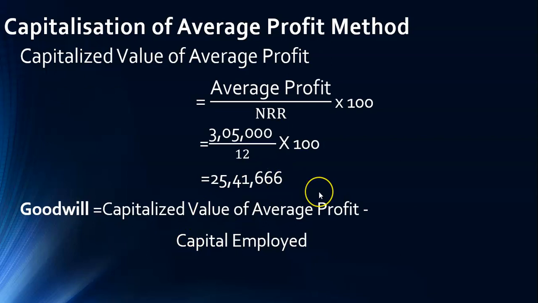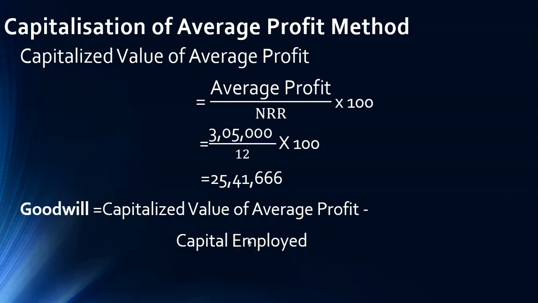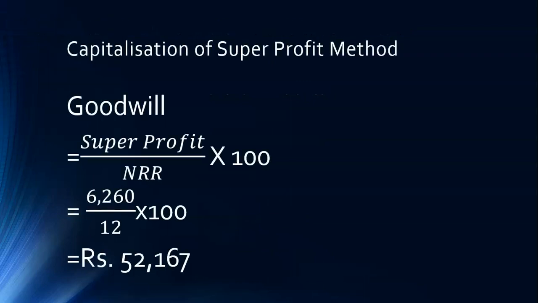But what was the capital employed in this question? It is 24,89,500. So the difference between these two will be the goodwill amount. So in both cases, you can see earlier the super profit is the difference between the extra profit earned and the normal profit.